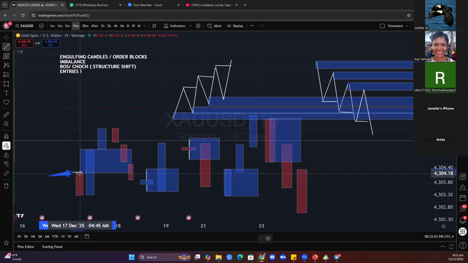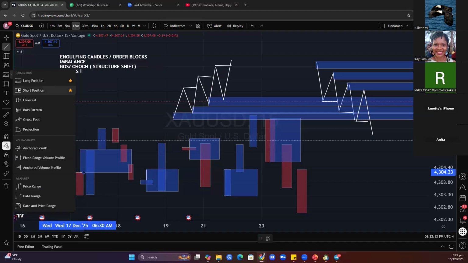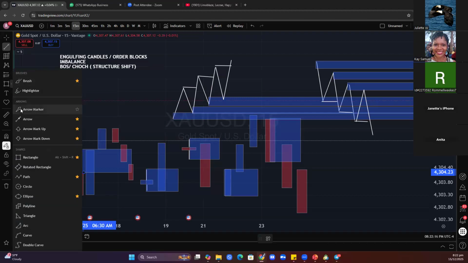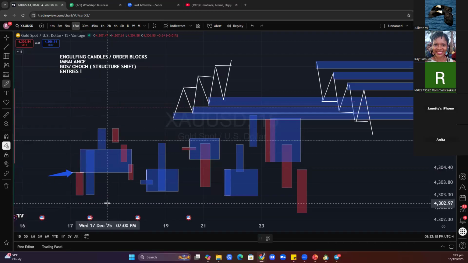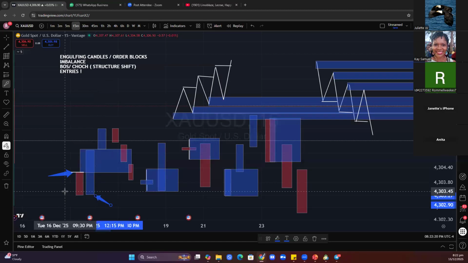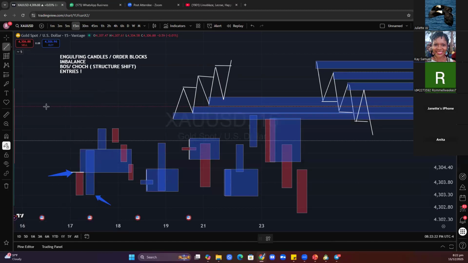Good. So if I sell, I'm the bank. I control the markets. I push the market down at this point. Then I push the market up. I put a buy position in, and I push the market up at this point.